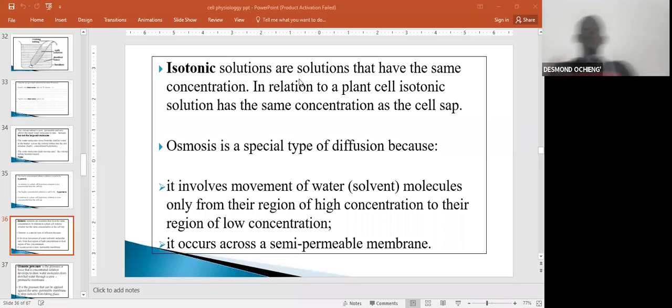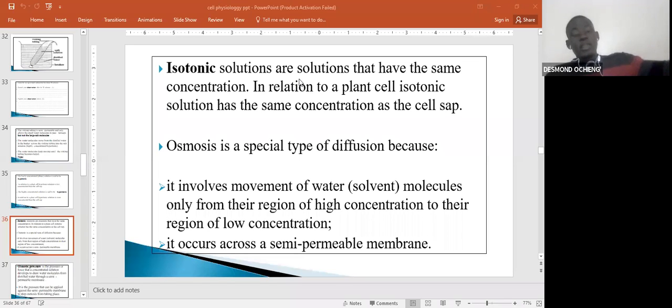When solids are moving from one region where they're highly concentrated to another one where they're lowly concentrated, that is not osmosis, my friend. Osmosis is purely about water or solvent molecules moving from a region where they're highly concentrated to a region where they're lowly concentrated across a semi-permeable membrane.